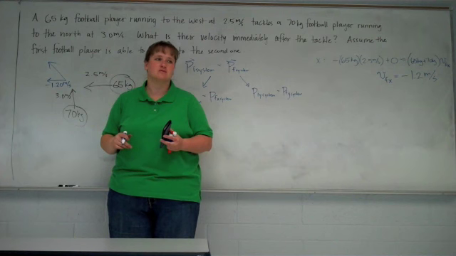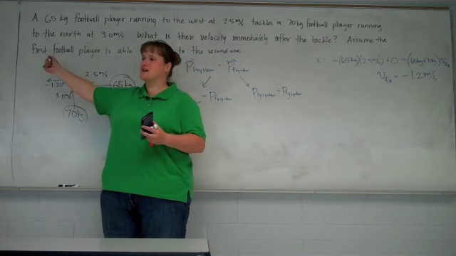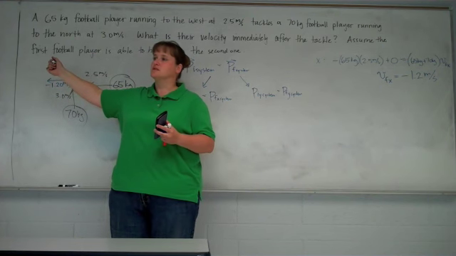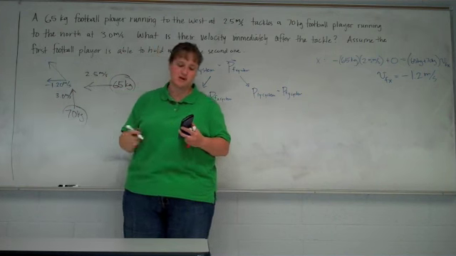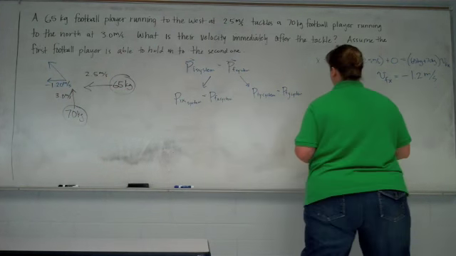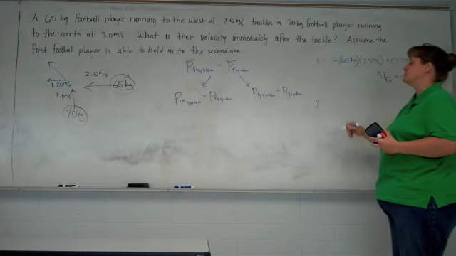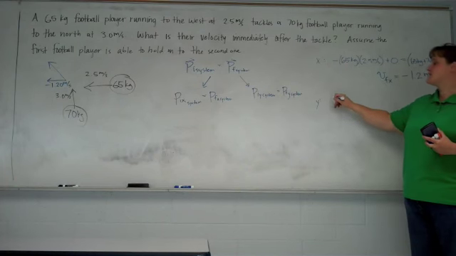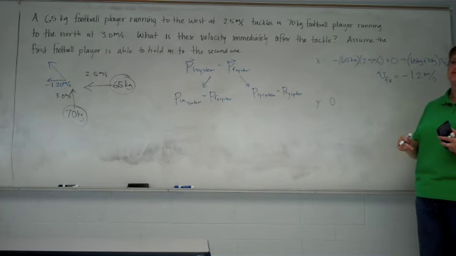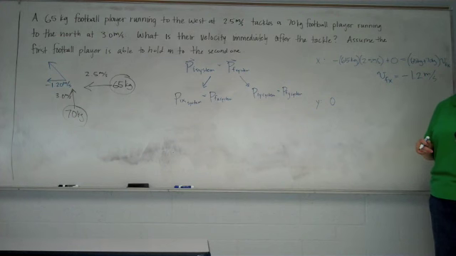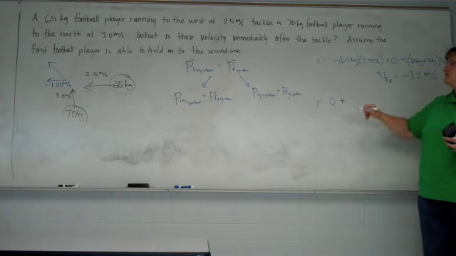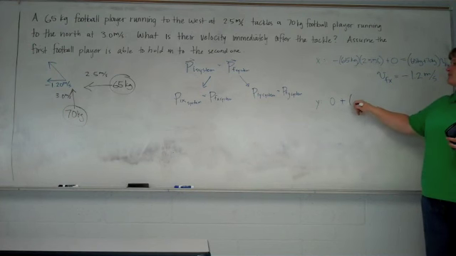We're not done though. The velocity has x and y components. So we need the y component as well, which we'll get looking for momentum in the y direction. In the y direction, the 65 kilogram player has no momentum. So his momentum is 0 initially. The 70 kilogram football player has momentum.